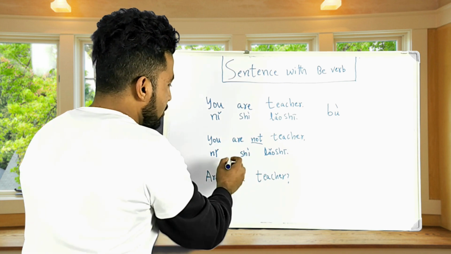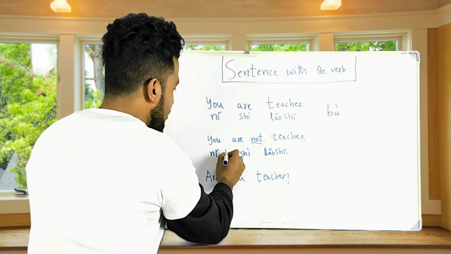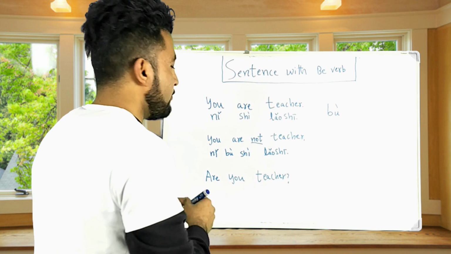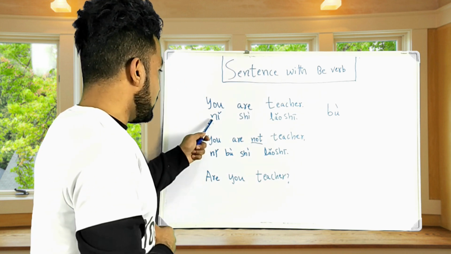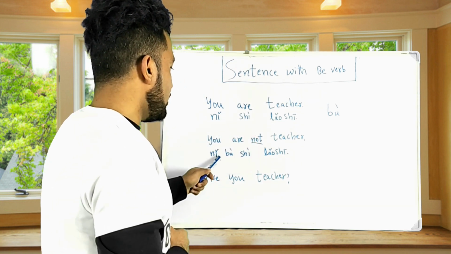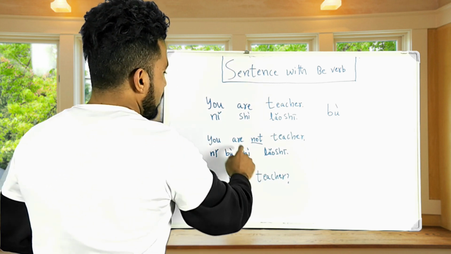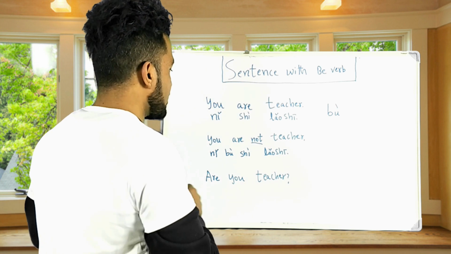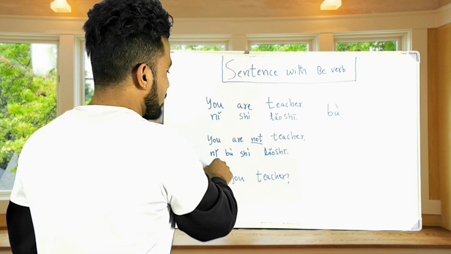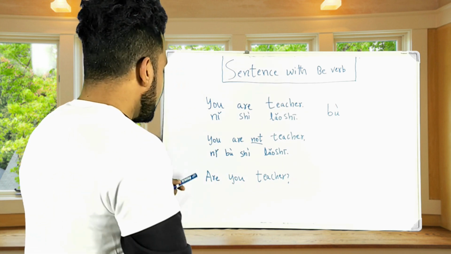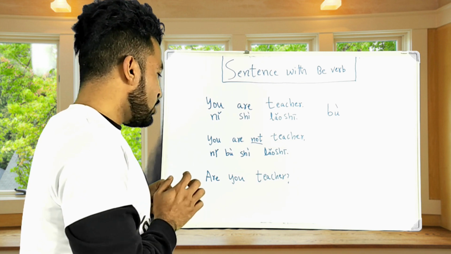So you are not a teacher, 你不是老师. Every word is the same as the first sentence, but here we just add an extra word, 不.